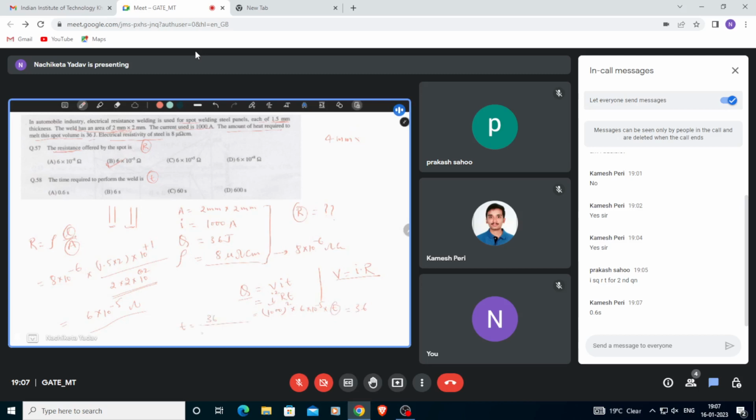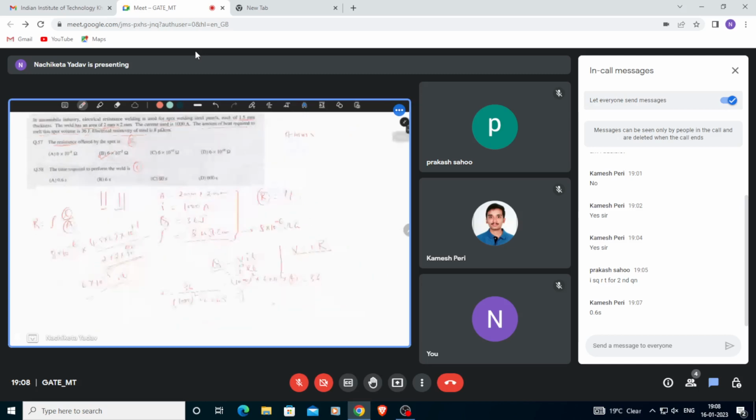36 by 1000 square into 6 into 10 to the power minus 5. So we'll get 60T equals 36. T will be 36 by 60, which will be nearly 0.6 second. So 0.6 second, first one.